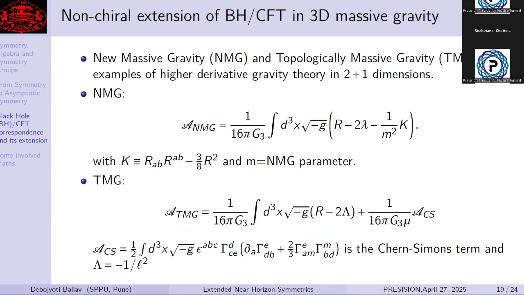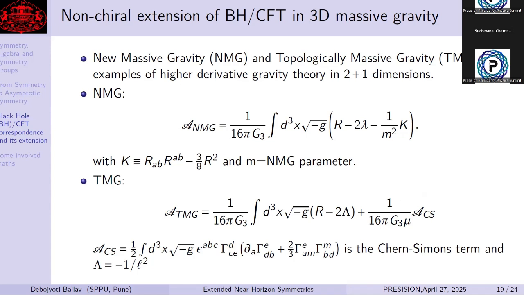New massive gravity: if you have Einstein gravity, we have the Ricci scalar as the action in the Einstein-Hilbert action. And if we introduce a cosmological constant, like AdS space or some other maximally symmetric spaces, we have the cosmological constant as a parameter. Now for new massive gravity, we have some terms like R_ab, which are higher order terms.